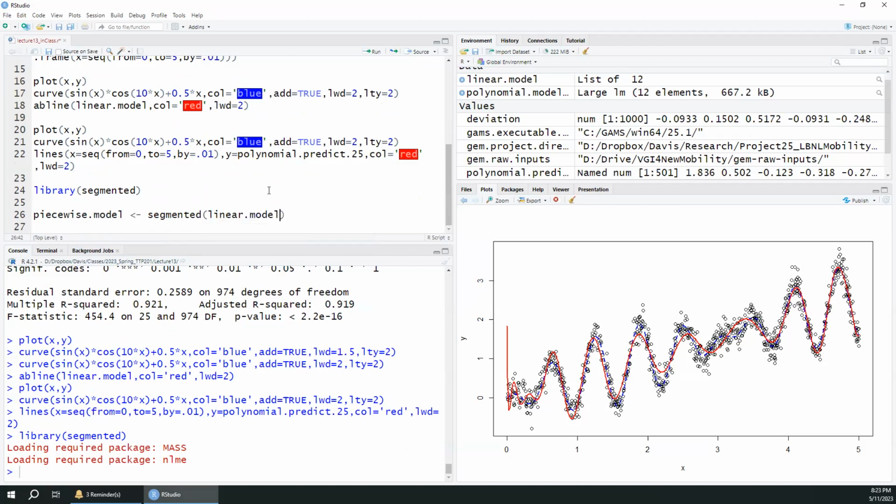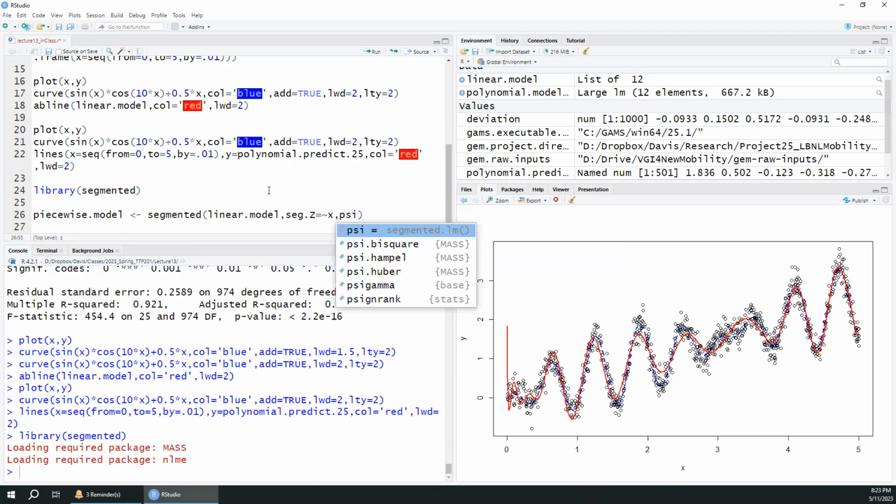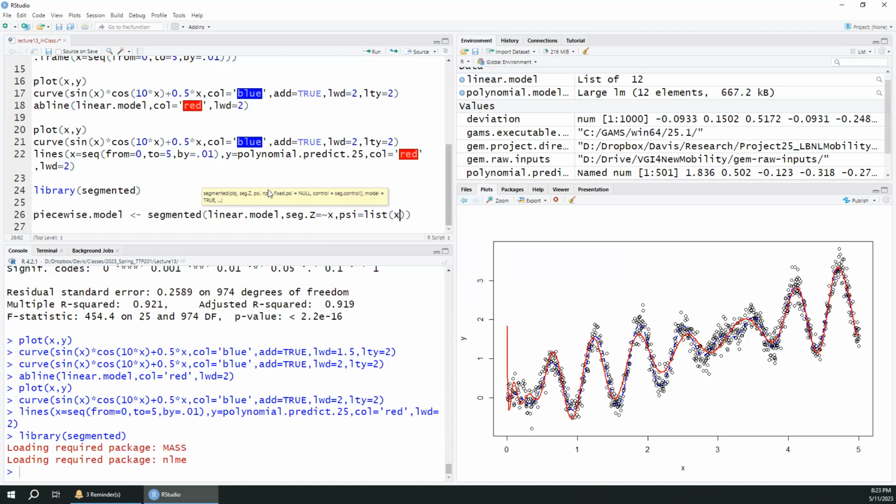You just input your linear model here. I'll talk about what these inputs are in just a second.